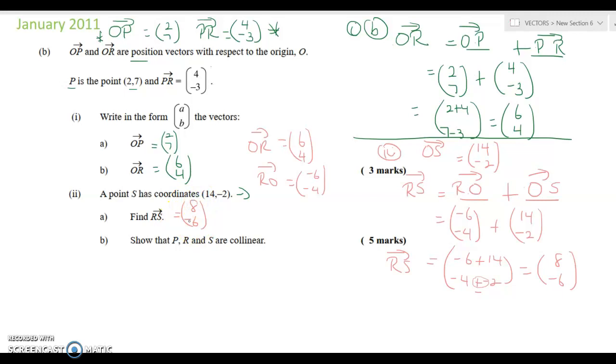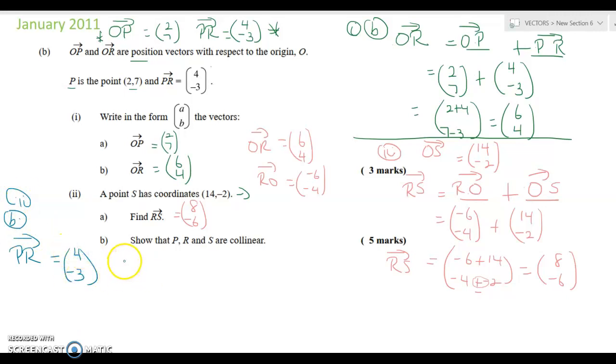And now what they're asking us is show that P, R and S are collinear. We want to show that. Now the vectors with P, R and S, we have PR, which is, so this is part 2B, right? PR is (4, -3).